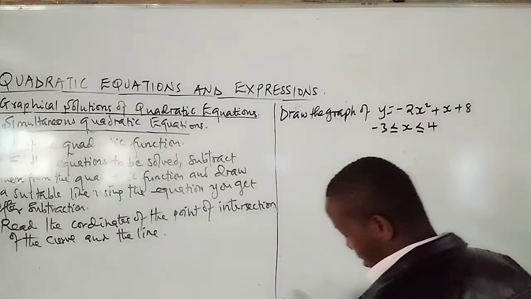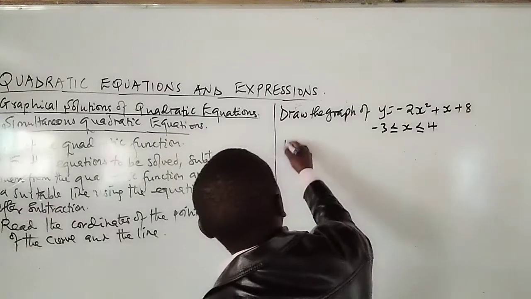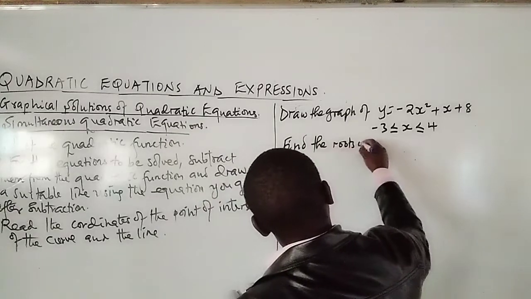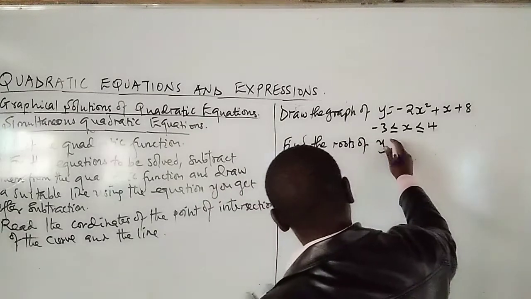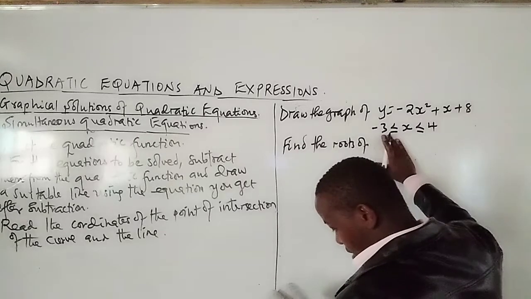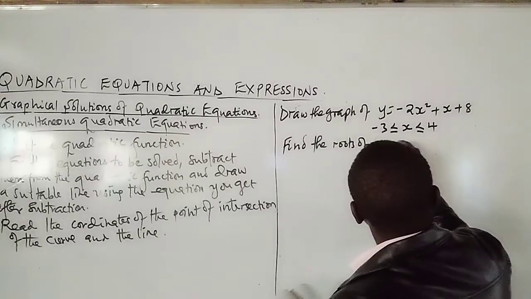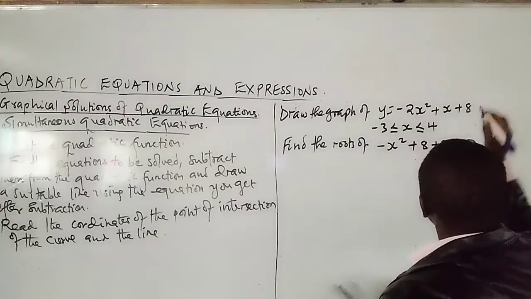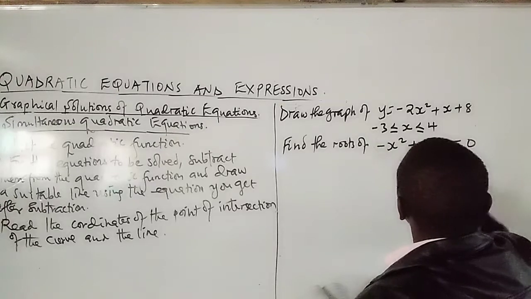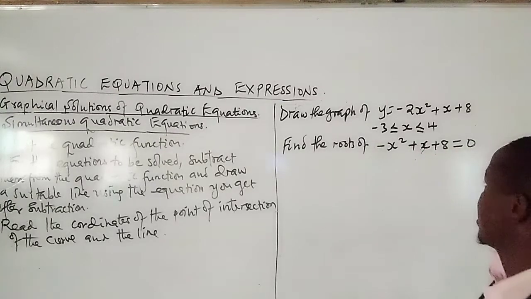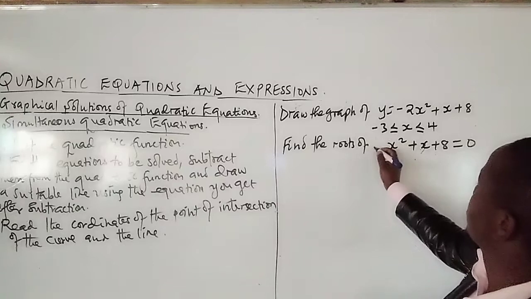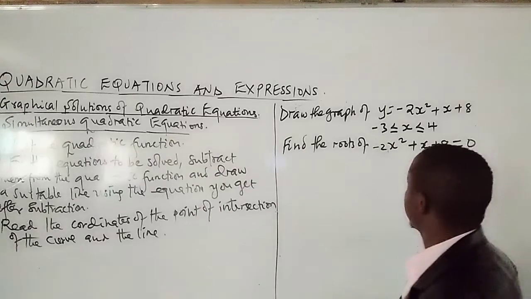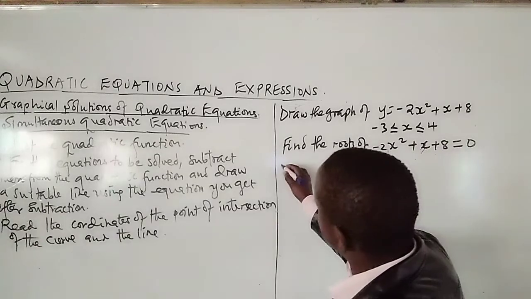Then from your graph, find the roots of the equation negative 2x squared plus x plus 8 equals 0. You find the roots. Then lastly, part C.